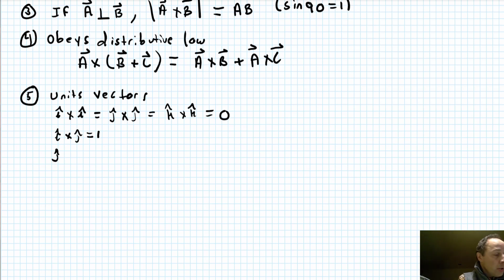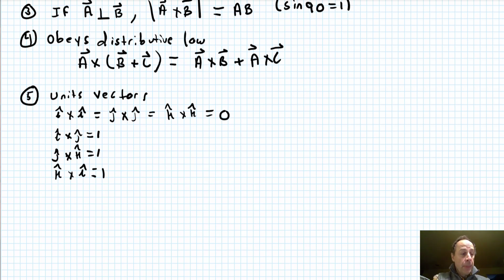Notice the order. j cross k equals i. k cross i equals j. Okay, so it's like a rotation. i to j, j to k, k to i. Now, if you reverse those orders, you get a negative. Remember, reversing the order of the vectors creates a negative. We saw that just a minute ago. So the opposites of these, j cross i, is negative k.